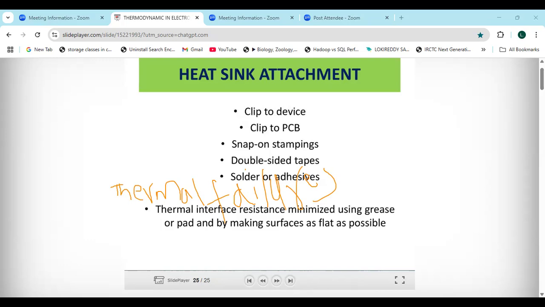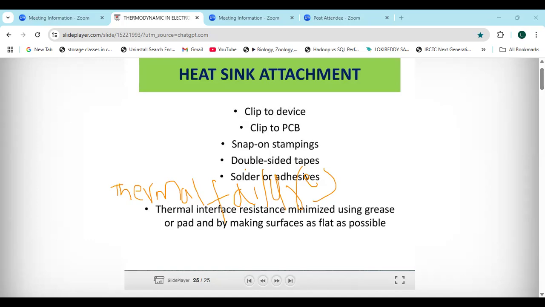Heat transfer mechanisms: I already told you about heat sinks and chips. Conduction through solid materials and convection to the surrounding fluid. Next one, radiation: emission of energy to the environment, minor at low temperature. Thermal resistance model: used to model the heat flow path from junction to ambient using resistance values.